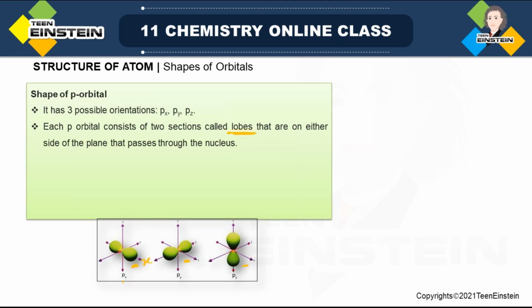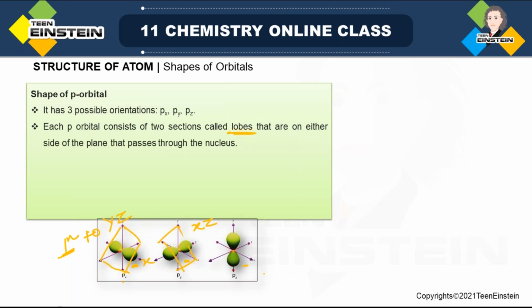Suppose here it is px, that means this is the x-axis. When you are considering px, basically it is perpendicular to the yz plane. Similarly, if you consider py, it is perpendicular to the xz plane.